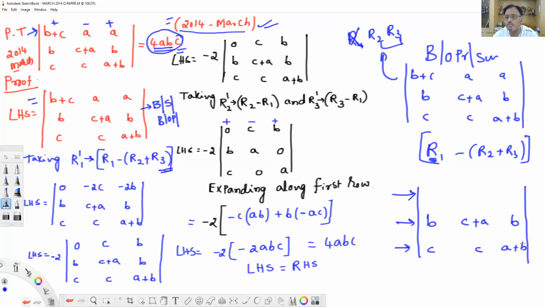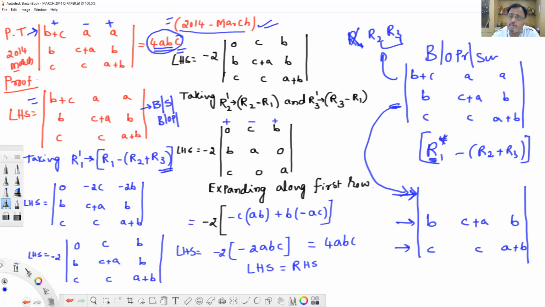Beginners, first you learn this technique. That is before operation, and after operation, minimum 1 row and 1 column should be unchanged. Yes, correct. Now I'm going to work on the surgery, and after surgery I'm going to write the result on R1 only. Only one row is left empty in the new determinant.